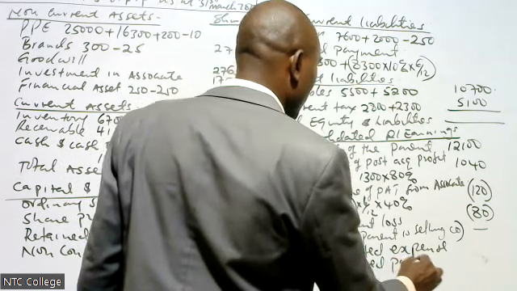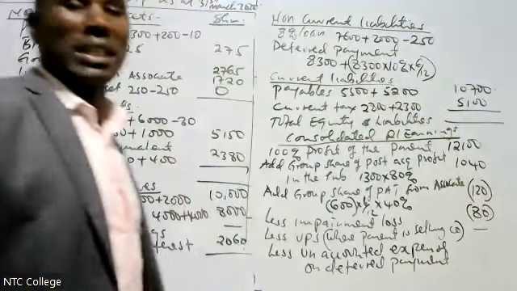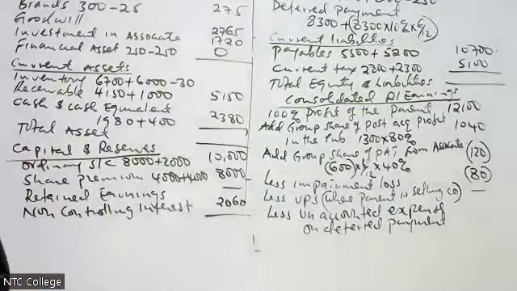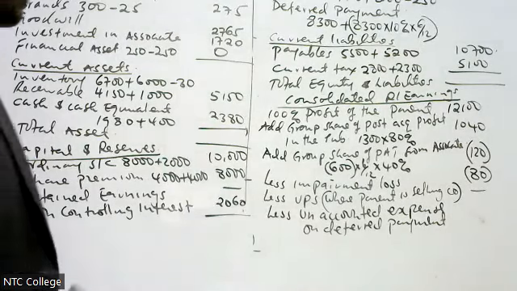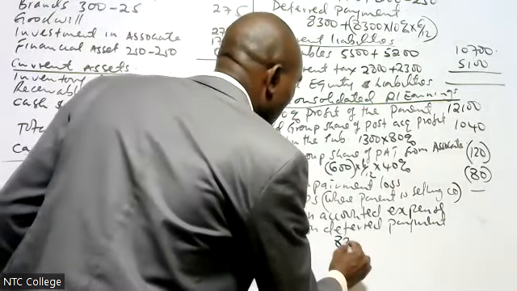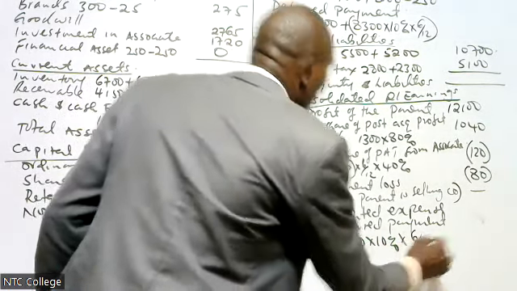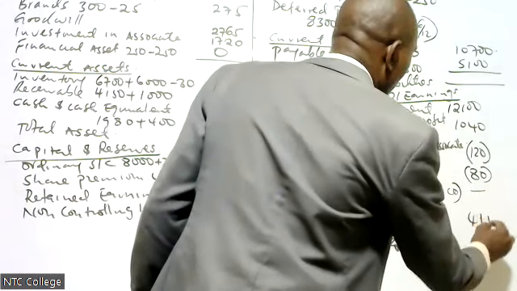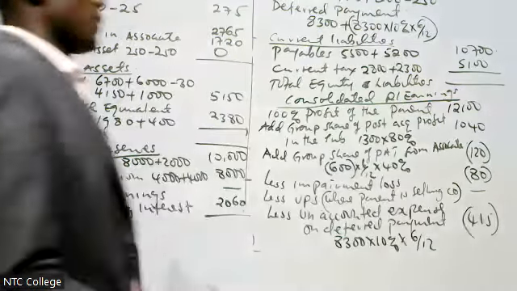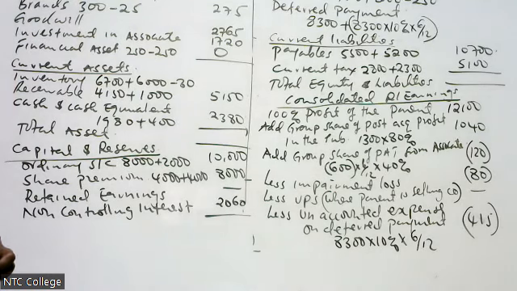Unaccounted expense on deferred payment, that is 8,300 times 10% times 6 over 12, where we have 415. You come to less 415, that interest has not been accounted for in the retained earnings of the parent. Therefore, I come to subtract it there.